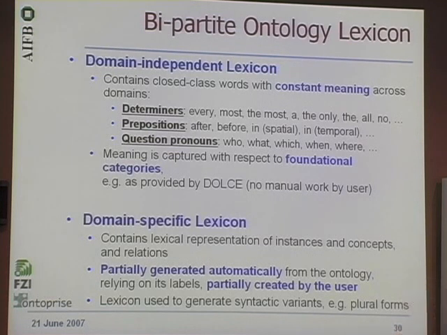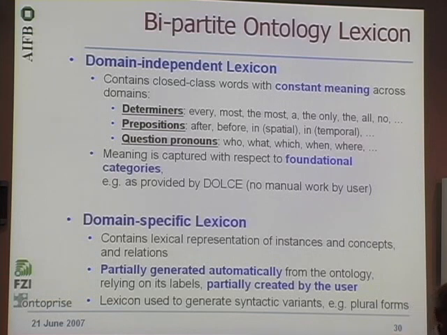So you can define that kind of lexicon once and then reuse it in several different domains in the end. What we also exploit in the background is that you can refer to some foundational categories defined by ontologies. For example, we exploit the foundational ontology Dolce that is developed by Aldo and his group in Rome in order to come up with these basic definitions of terms that are then independent of a specific application domain.